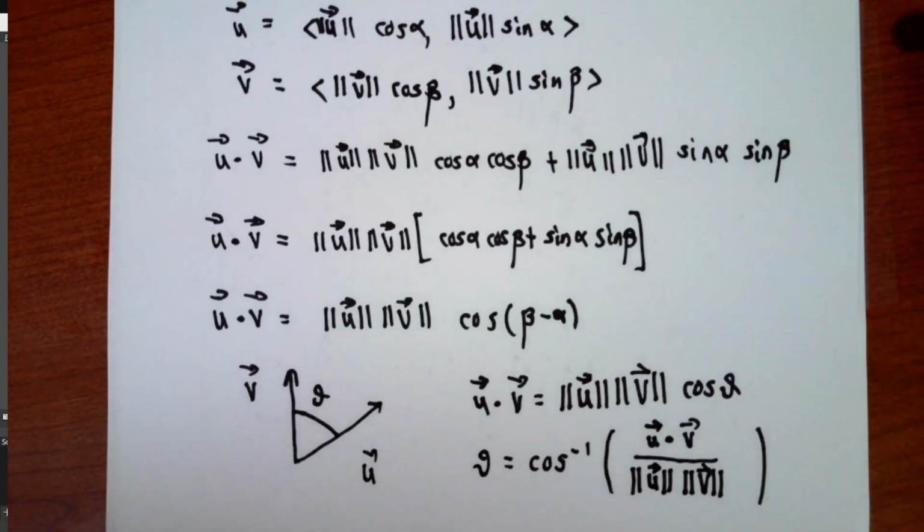Theta will be the inverse cosine of u dot v divided by the product of the magnitudes of the two vectors. The problem of calculating angles between vectors is now easy. This argument has been done in 2 dimensions just because the picture is easier to draw, but similar arguments can be made in 3 dimensions, and the conclusion is the same.